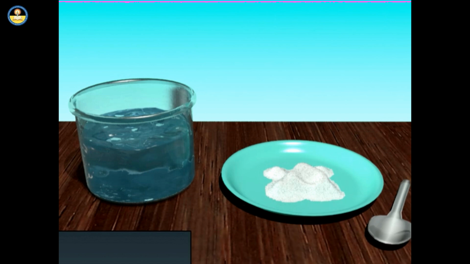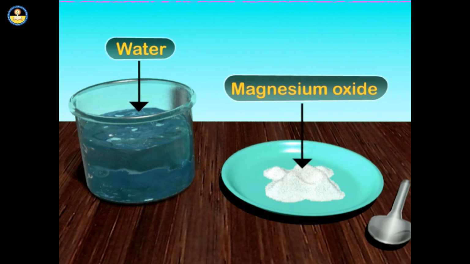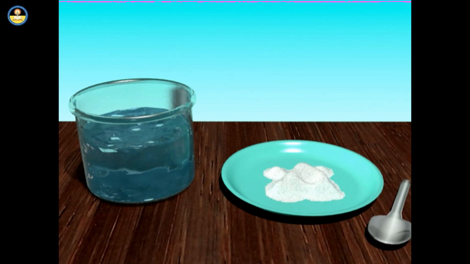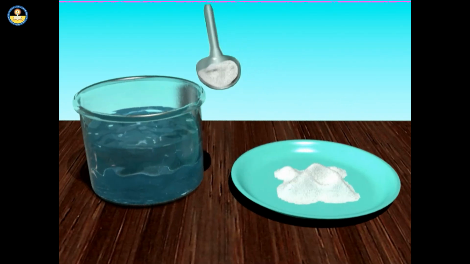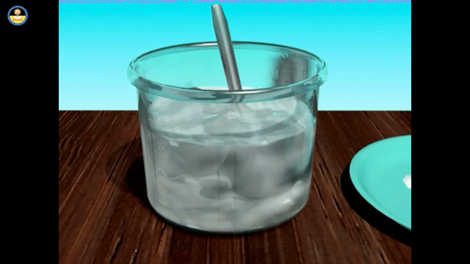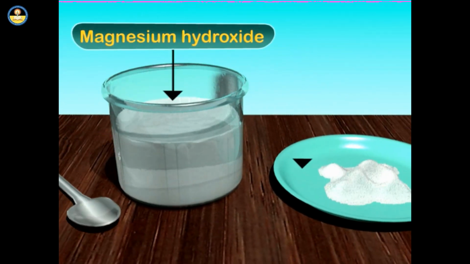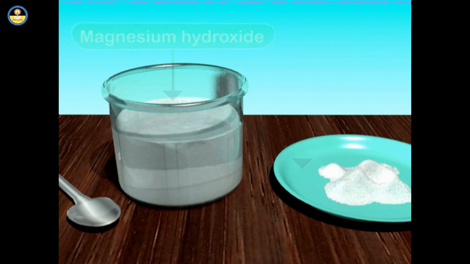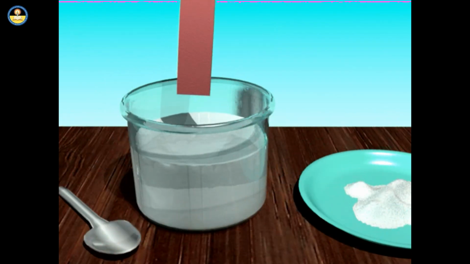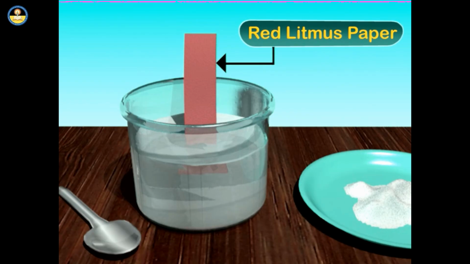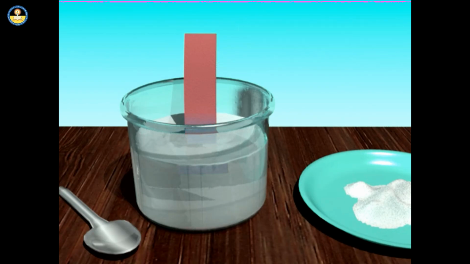Magnesium oxide formed is dissolved in water to form magnesium hydroxide. Now, if we test the solution with a red litmus paper, we will find that red litmus turns blue. We infer that the magnesium oxide solution is basic in nature.